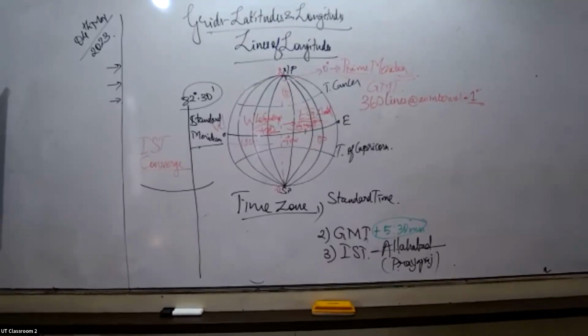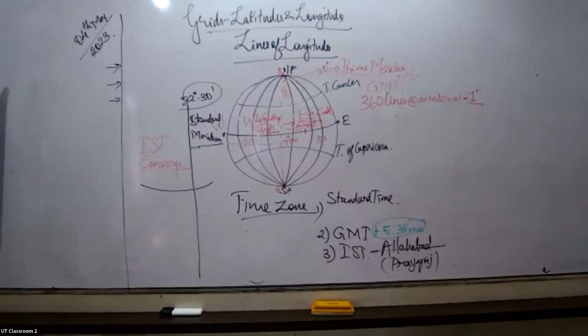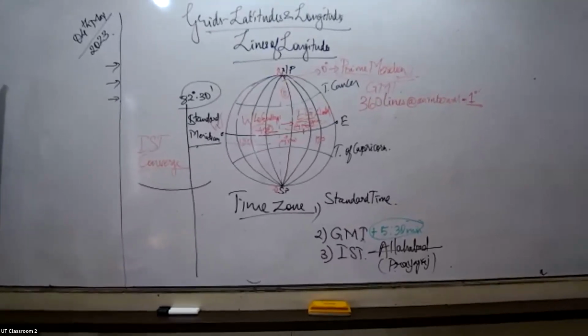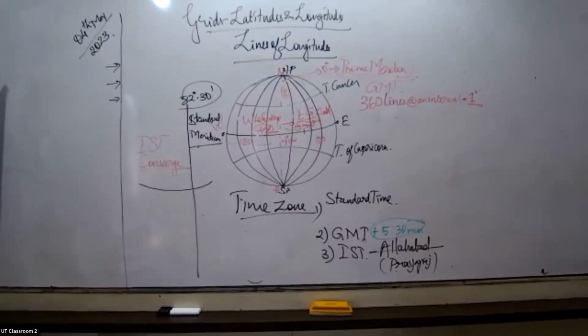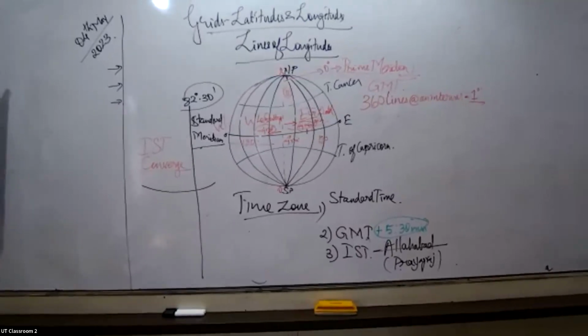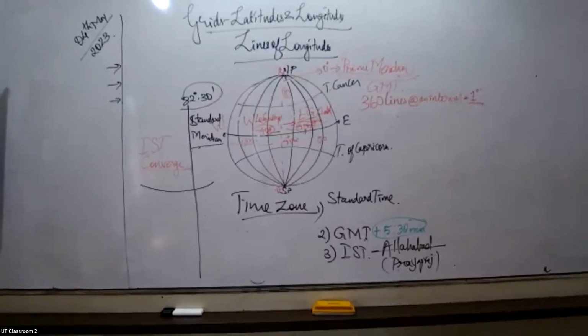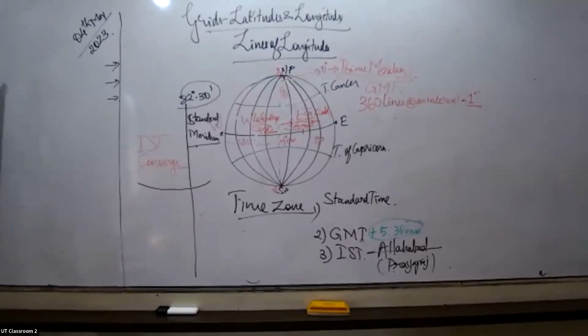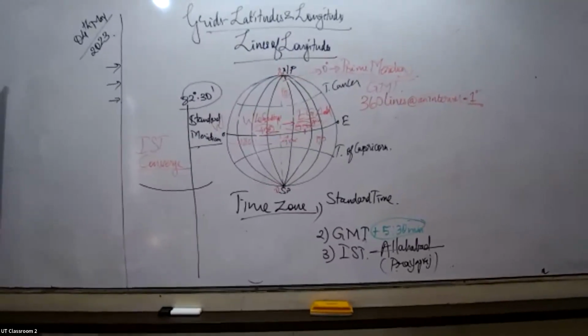Underline. Okay. Do one thing. First write GMT in the notebook. You write place is Greenwich. You write Greenwich is the place located near London. For India, you write IST.